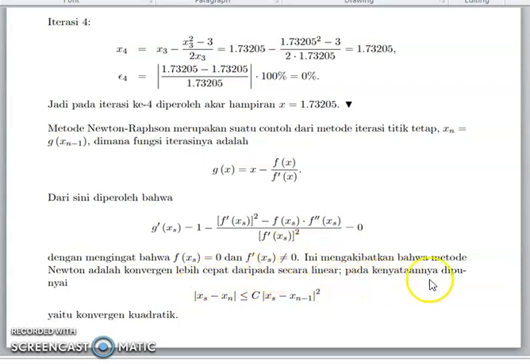In fact, the absolute value of x* minus x_n is less than c times the absolute value of x* minus x_{n-1} squared, so it is quadratically convergent. Okay, I think that's all for the Newton-Raphson iteration.